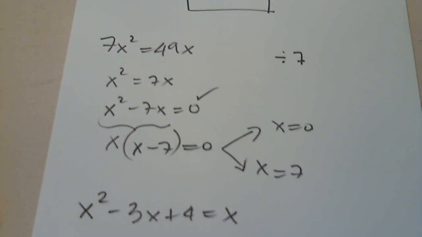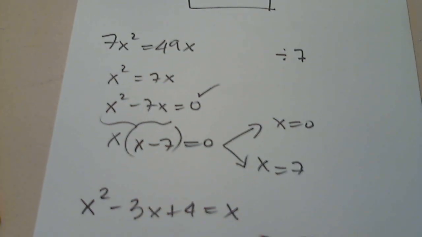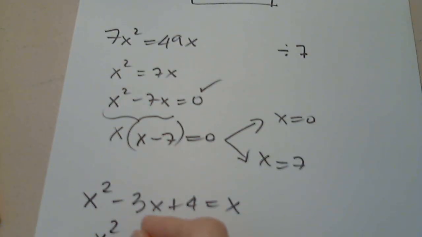I know I sound like a broken record, but this is only to help you understand the steps and repeat them and repeat them and repeat them. Move x. Exactly. Subtract x from both sides. So x squared minus 4x plus 4 equals 0.